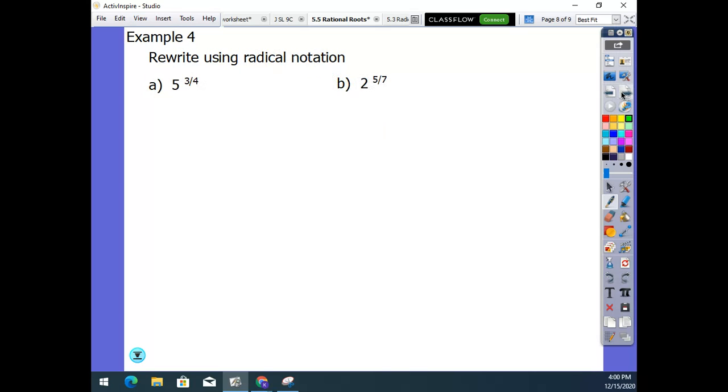Now let's go backwards. Radical notation. So change your exponent to a radical. Keep the 5. Take the denominator to the corner. And you can either take the whole thing to the 3rd power, or you can put the exponent inside with the 5.